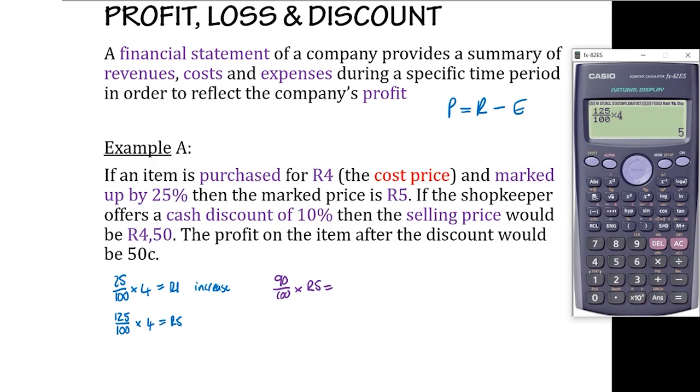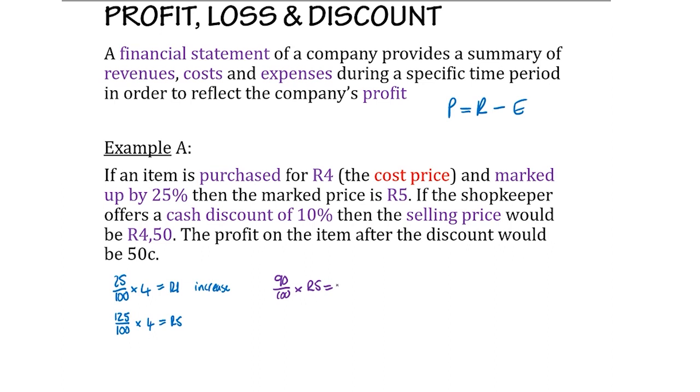So what is 90% of my 5 Rand? 9/2, which, with money, is always 2 decimal places. That is 4.50 Rand. The profit after the discount would only be 50 cents because remember it originally cost 4 Rand. So he's halved his profit.